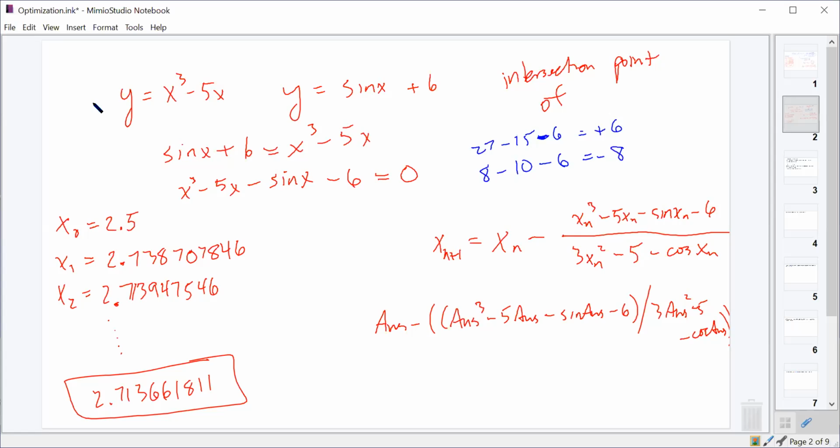Everybody feel all right about Newton's method? Yeah? Nobody has any issues? Everyone's good? Don't need to go through it any further? All right. Spectacular.